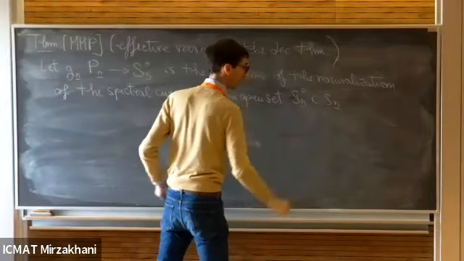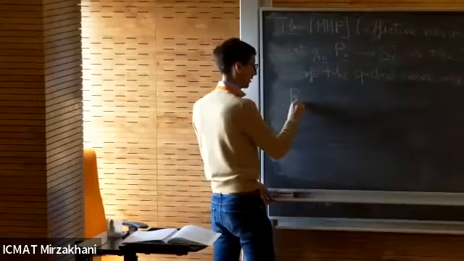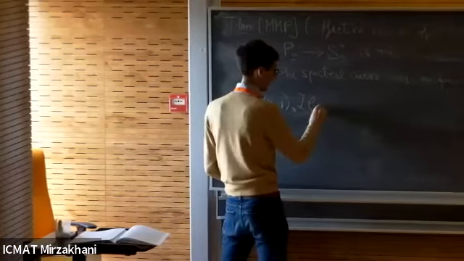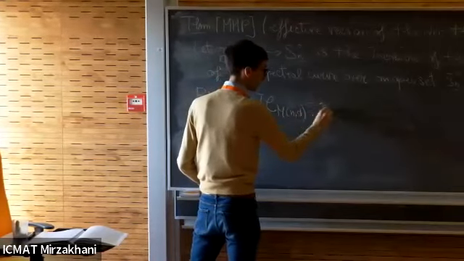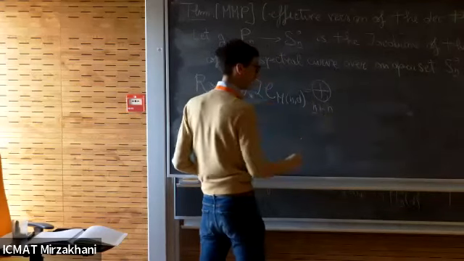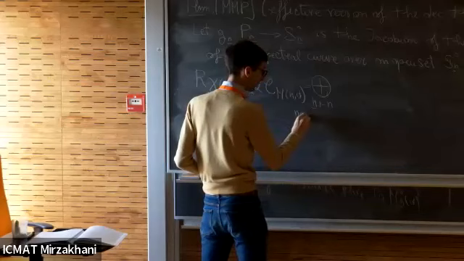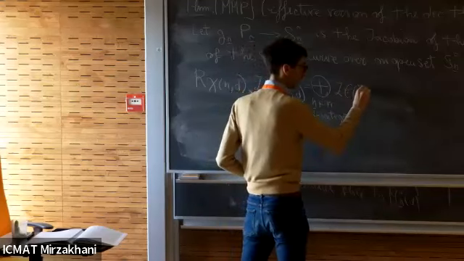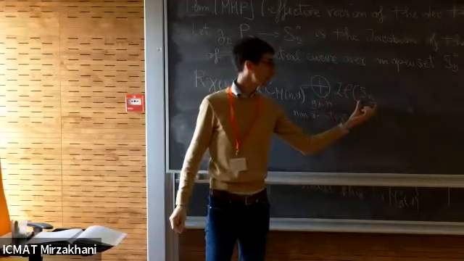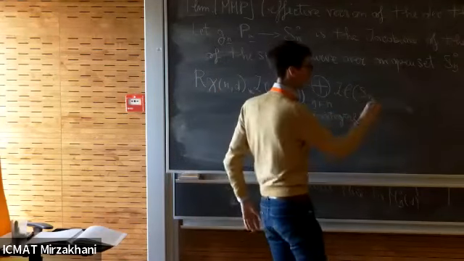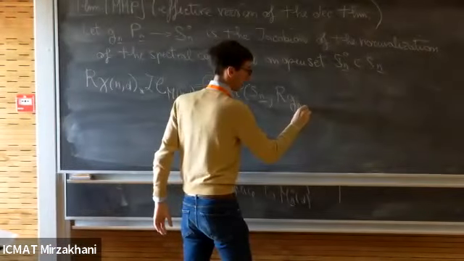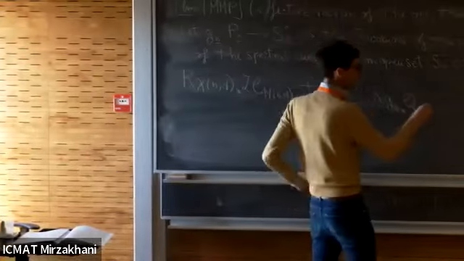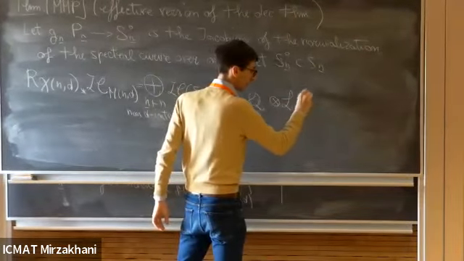S_n^0 in S_n. Then we can write that R chi_{n,d*} IC of M_{n,d} is equal to the sum over all the integral partitions of the IC, the intersection complex of S_n, twisted by some coefficient, which is this contribution that comes from the cohomology of this group scheme, times a local system.